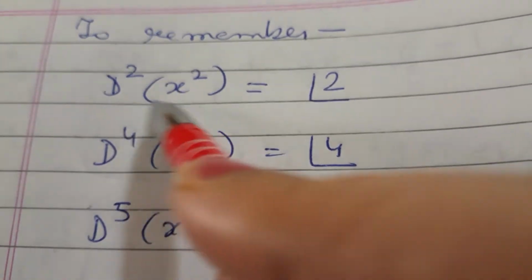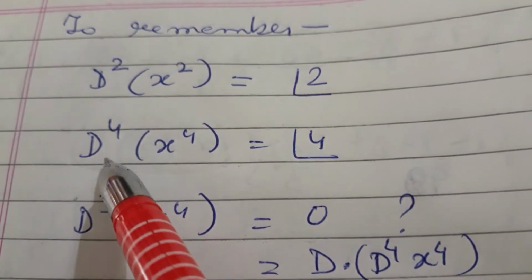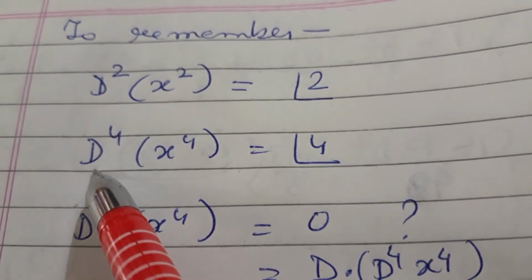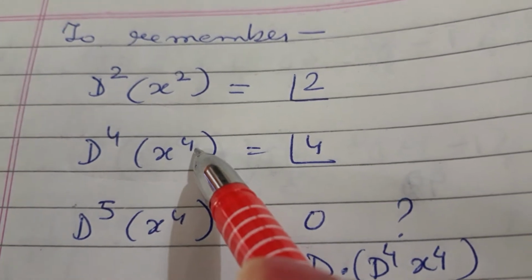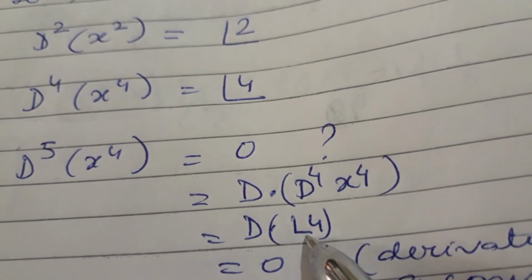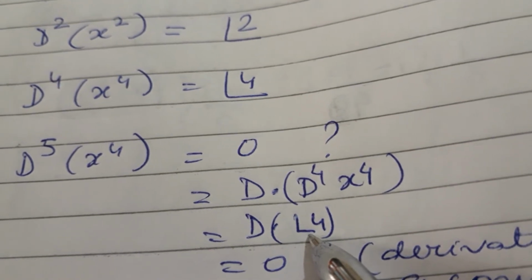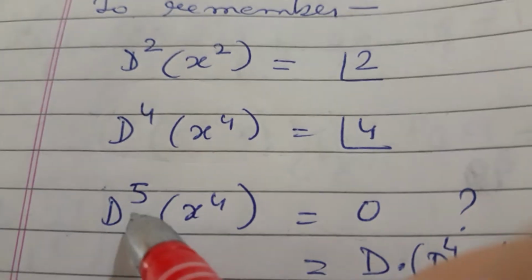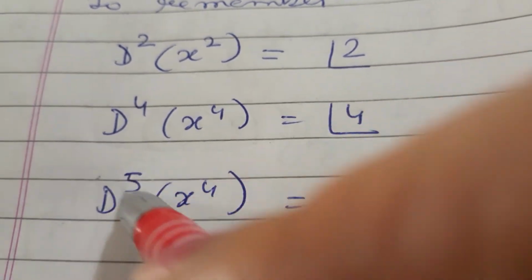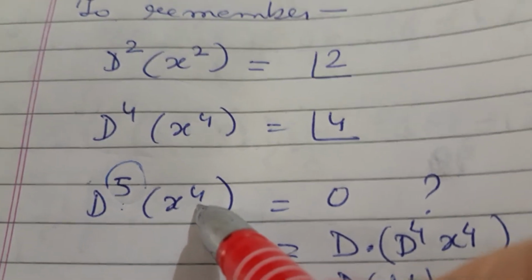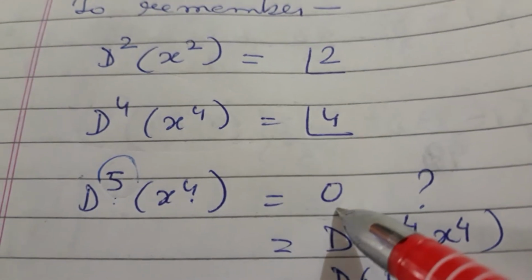When you're taking the derivative of factorial 4, that's a constant, so the derivative is 0. So whenever the order of the derivative is greater than the degree of the polynomial, the derivative is 0.